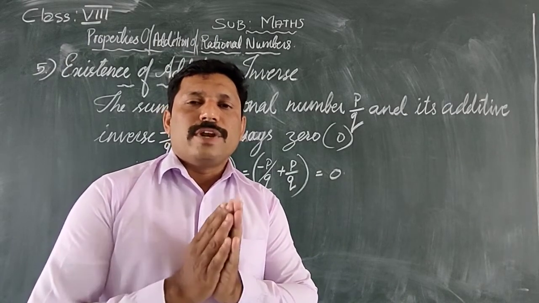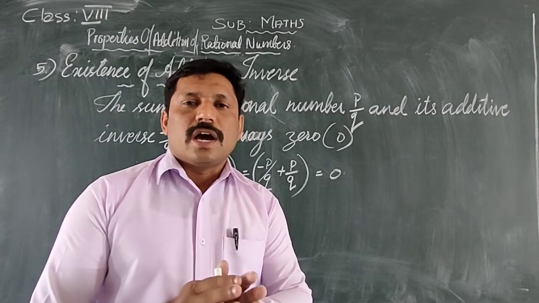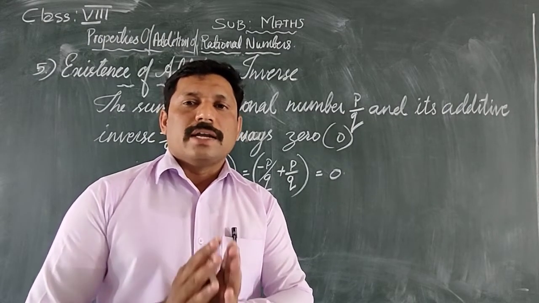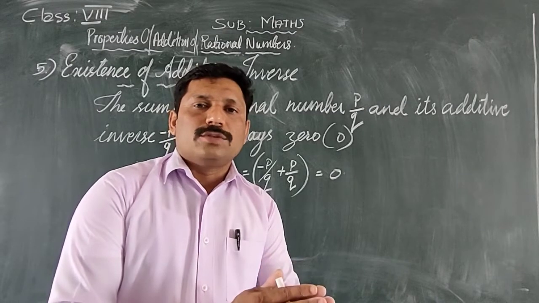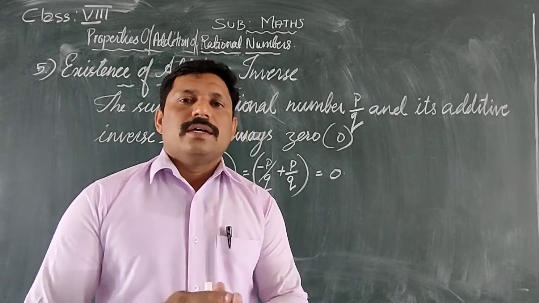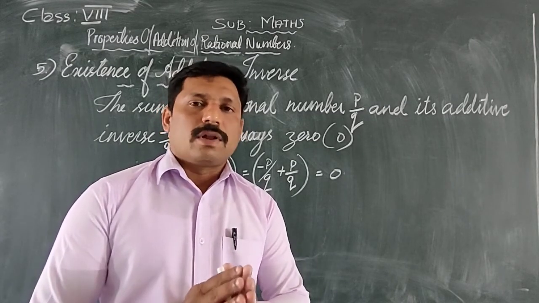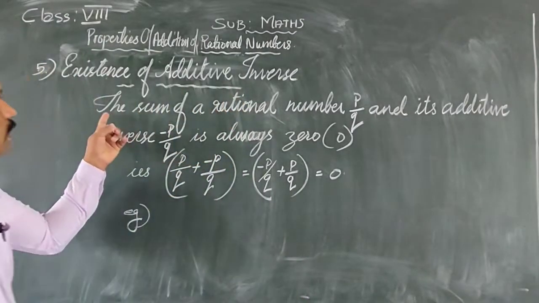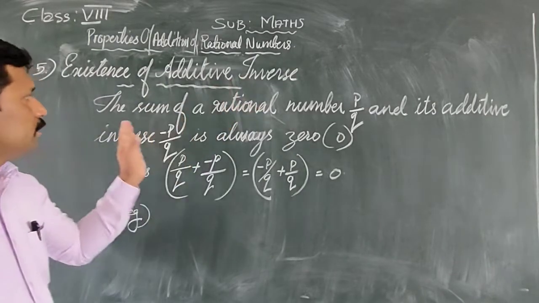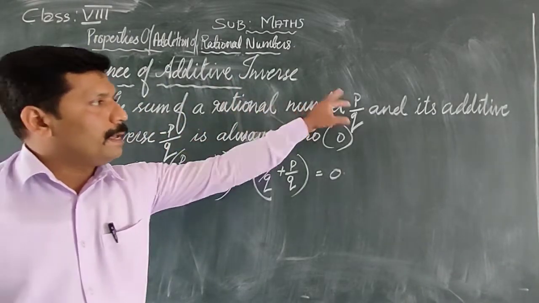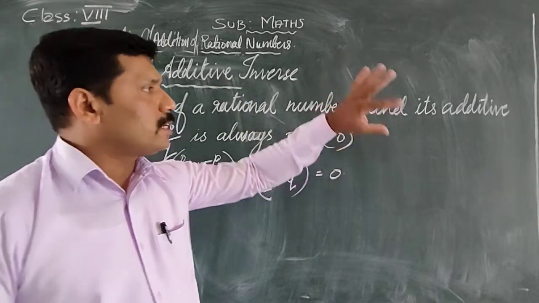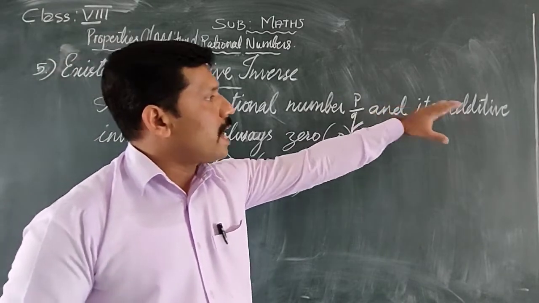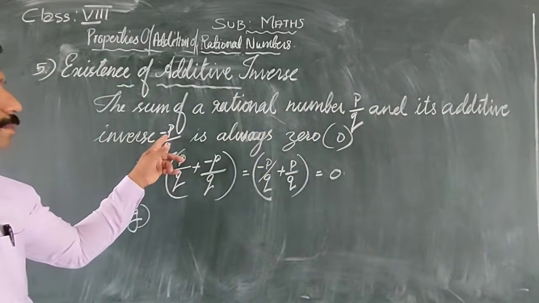That means for every rational number there exists an additive inverse, and if the additive inverse is added to that rational number, the sum will be equal to 0. So here we can see the existence of additive inverse: the sum of a rational number p by q, any rational number it can be, and its additive inverse, which is negative p by q.